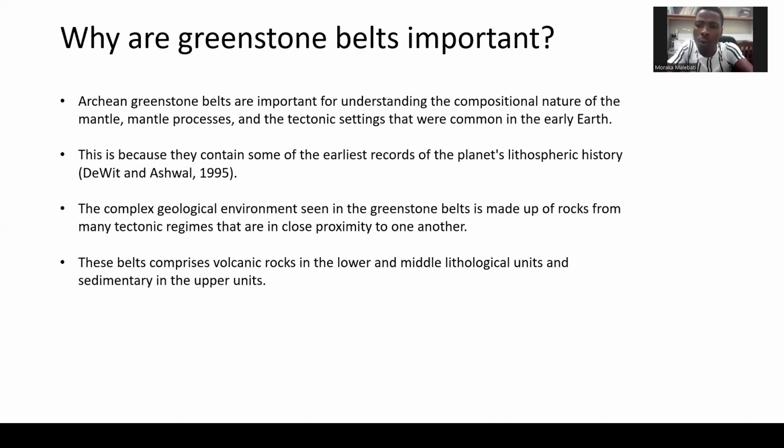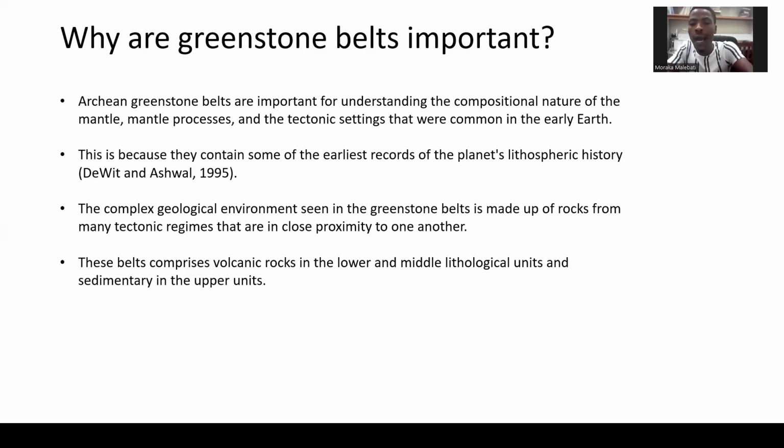If we want to understand the evolutionary history of the ancient oceanic crust and continental crust, we would understand that through the Archaean greenstone belts. This is because they contain some of the earliest records of the planet's lithospheric history.